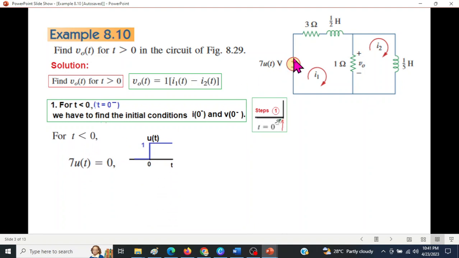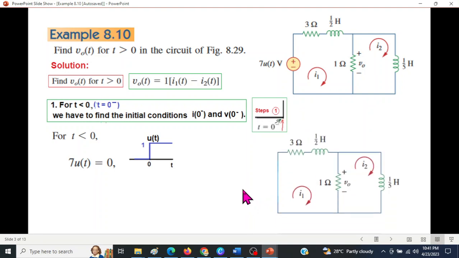First of all, the input value is 7u(t). I hope you know the meaning of u(t). u(t) is 0 for t less than 0 and 1 for t greater than 0. For t less than 0, u(t) will be 0. So 7 into 0 is 0. That means this source will be 0.